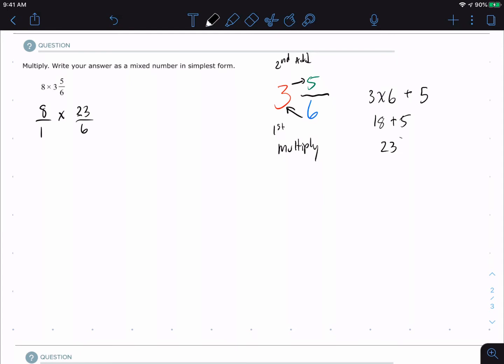That gives me the 23. That is going to be my numerator every time. Does that make sense? The denominator never changes. So my denominator is 6, the denominator stays 6, and so I get 23 over 6.